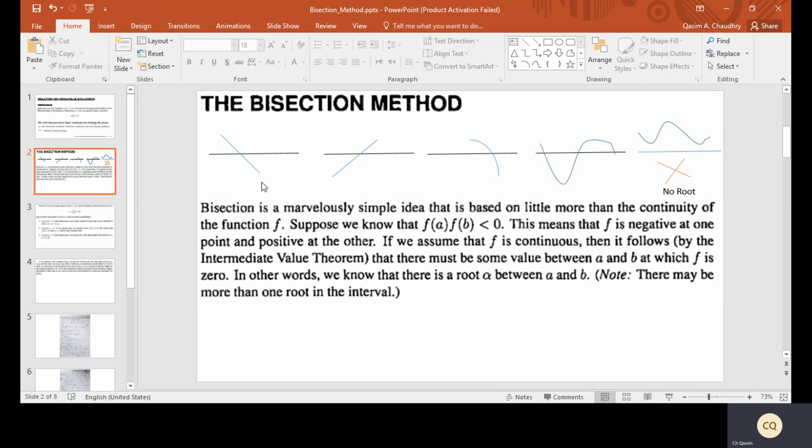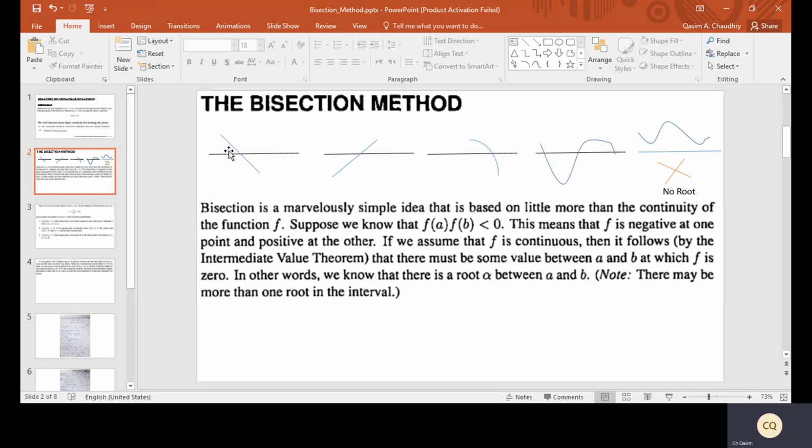So the function is positive at one end, whereas the function is negative at the other end. And students, if we simply multiply these two functional values, the answer is negative because one is positive and the other is negative.